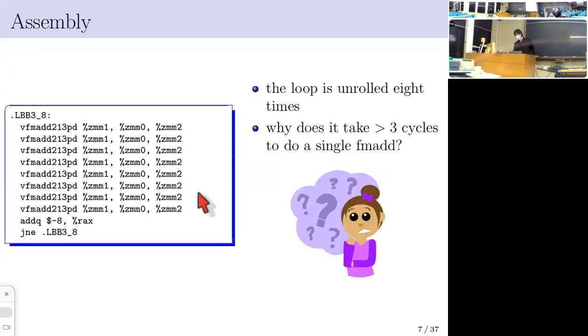And okay, so this is what you exactly witnessed, right? So the question we are going to deal with is, why does this particular loop take something like 3 point something cycles to do a single FMR instruction?